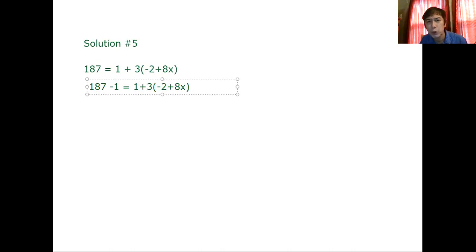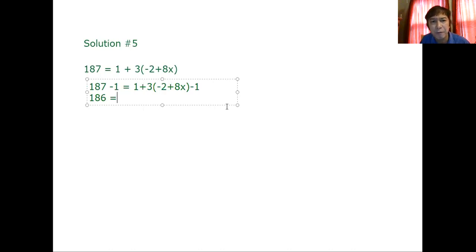Now we're going to subtract 1 here also. Remember, on the left side we subtracted a 1, so if we do that at the left side, we also do it at the right side. 187 minus 1 becomes 186. On the right side, you have a plus 1 here; plus 1 minus 1 zeros out.